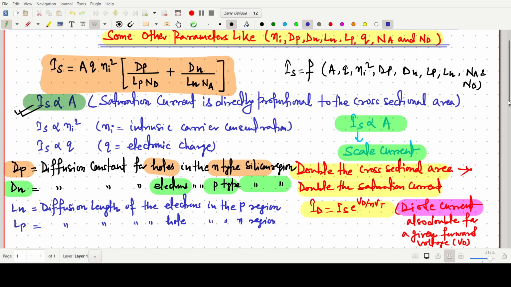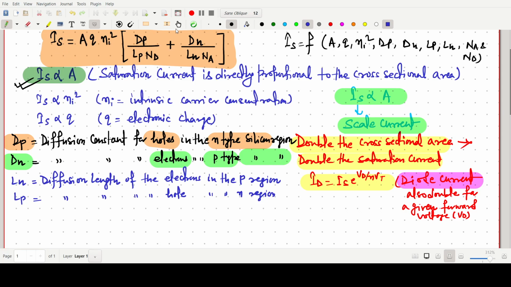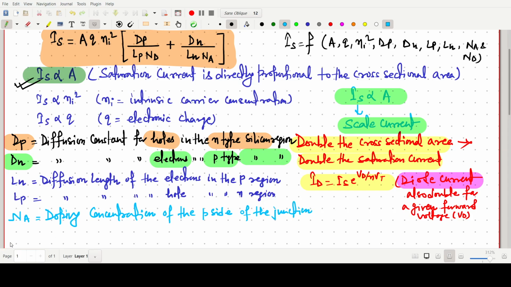And Na and Nd are somewhat common; everyone knows them. Na is simply the doping concentration of the p side of the junction, and Nd is the doping concentration of the n side of the junction.